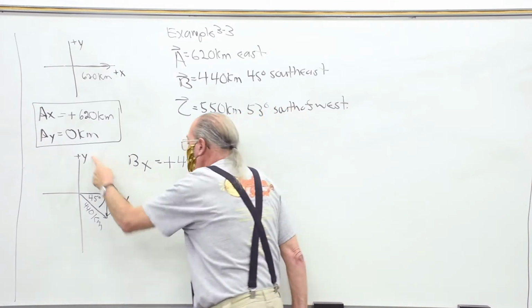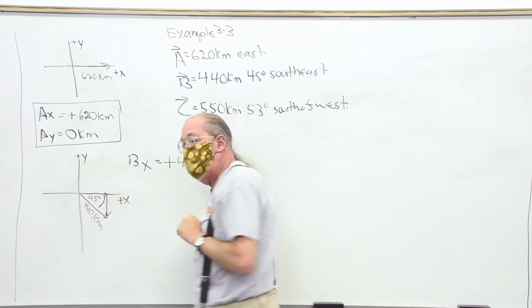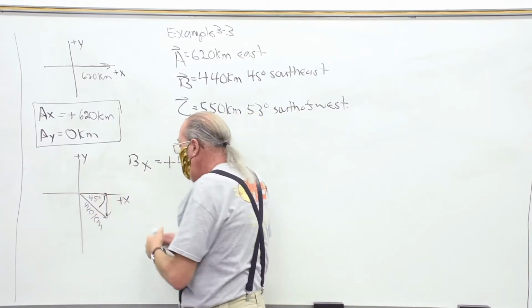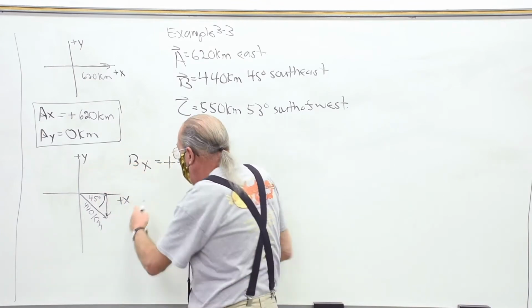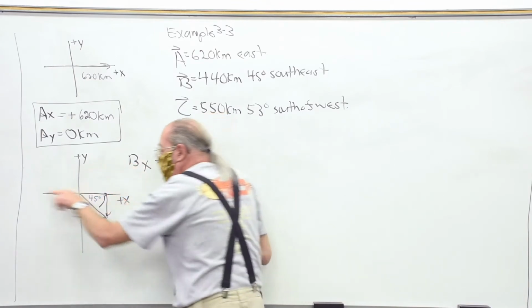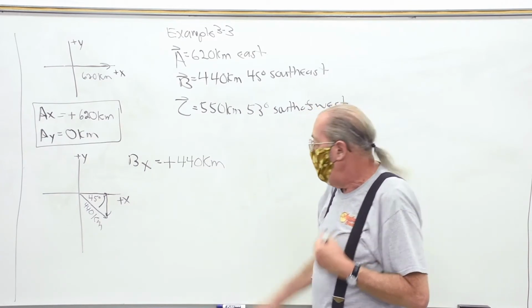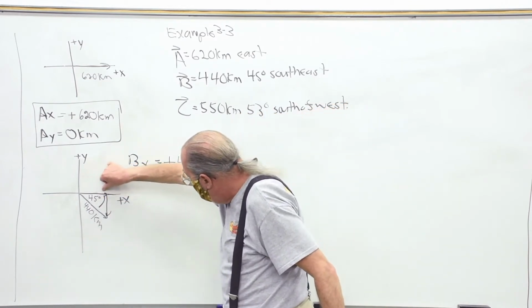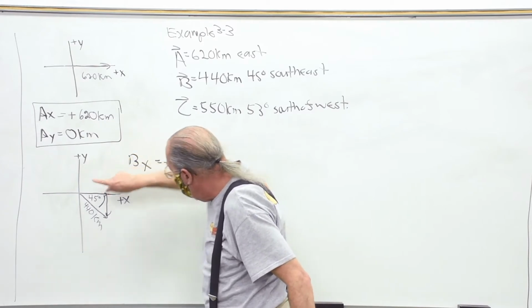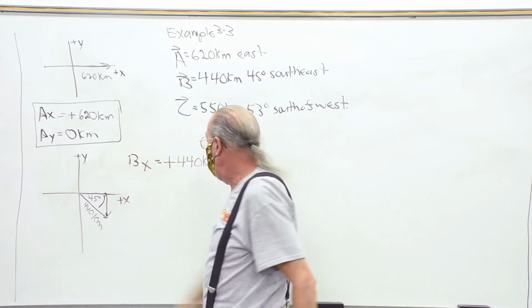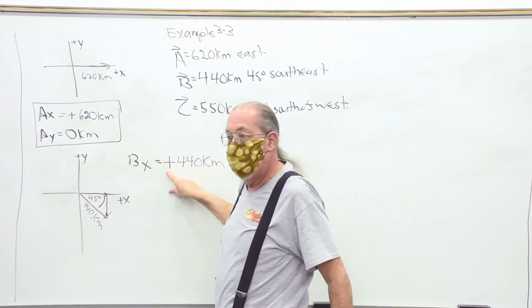But once I have chosen these coordinates, is that arrow pointing in the plus x direction or the minus x direction? You tell me. So that's where that came from.